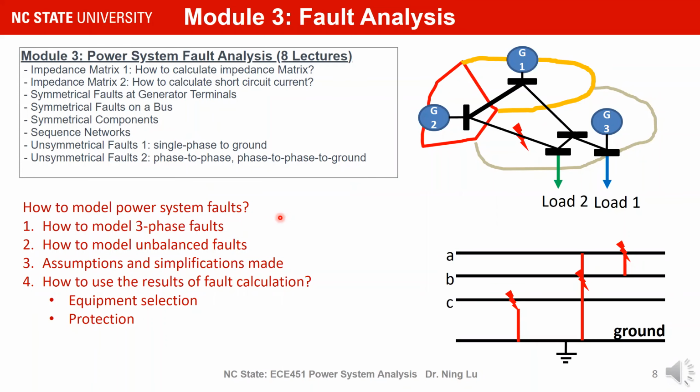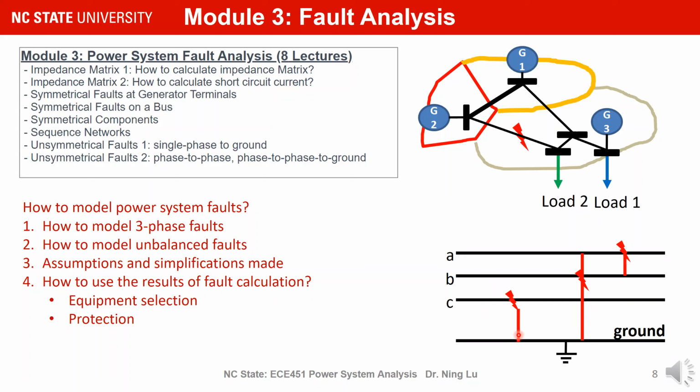We will compute not only the three-phase symmetrical fault, but also the fault current for unsymmetrical faults. For example, only one line is grounded and the other two are not.